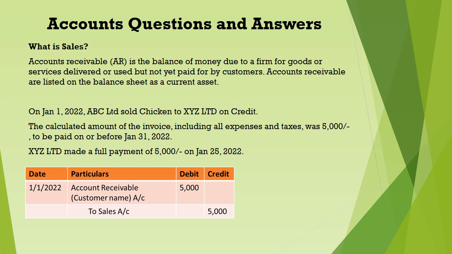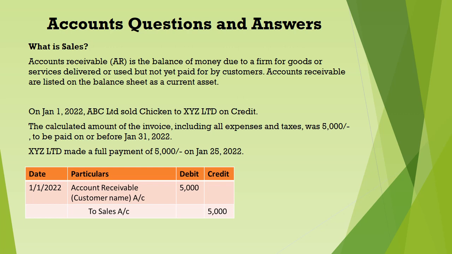on January 1st 2022, ABC Limited sold chicken to XYZ Limited on credit. The calculated amount of the invoice, including all expenses and tax, was 5,000, to be paid on or before January 31st. XYZ Limited made full payment of 5,000 on January 25.